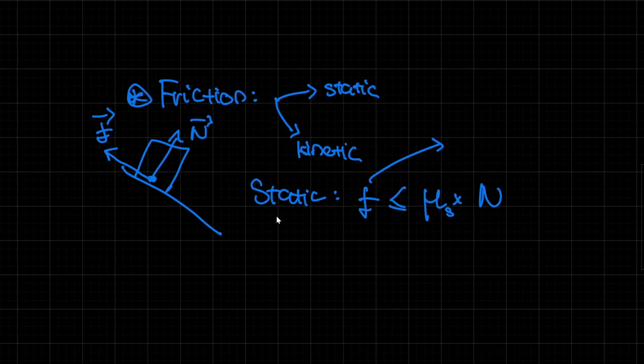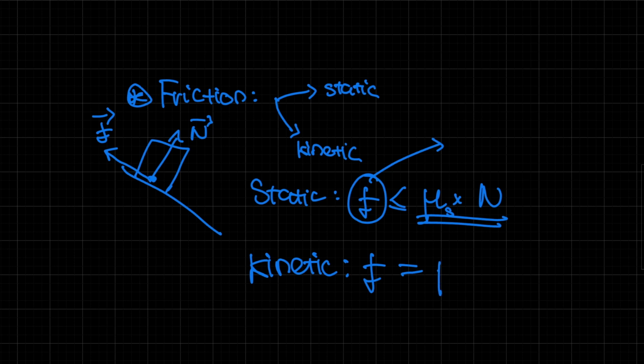It's quite easy. But for kinetic, it's when your friction force exceeds this value, and in that situation it becomes μ_k, the kinetic coefficient, times N again. So yeah, that's about the friction force.